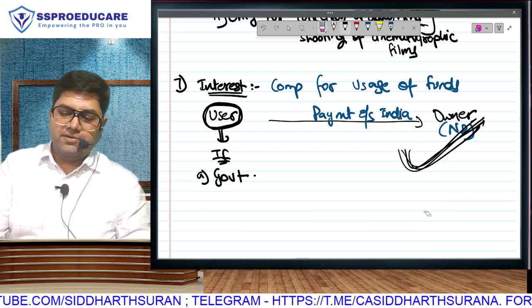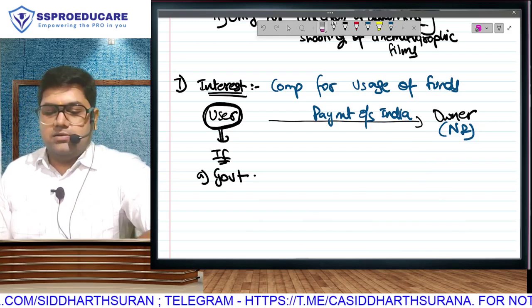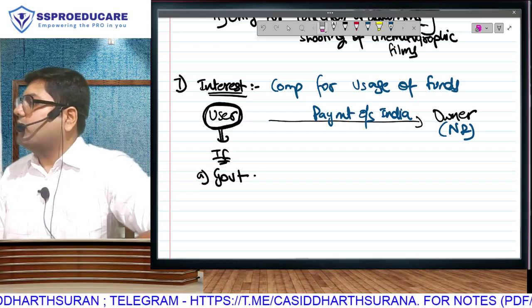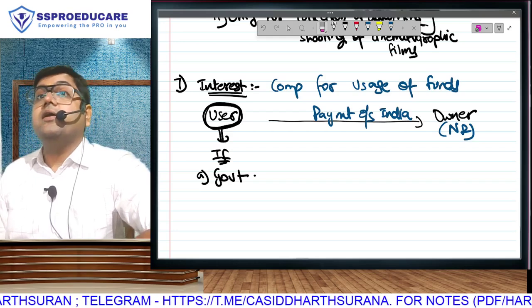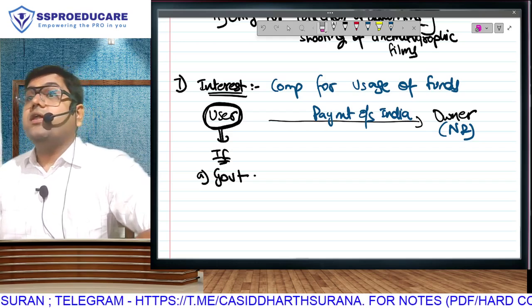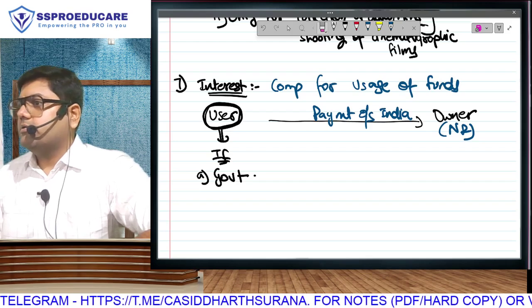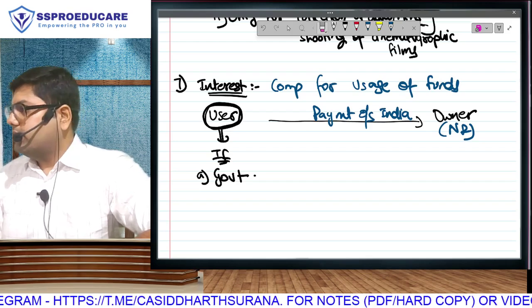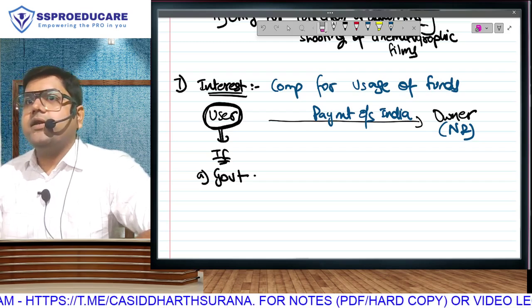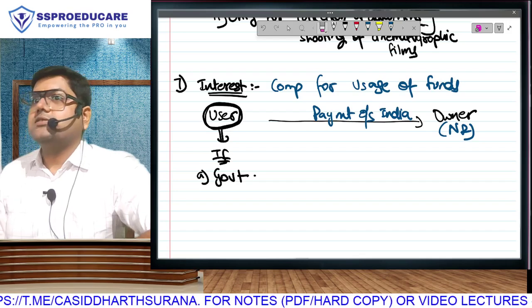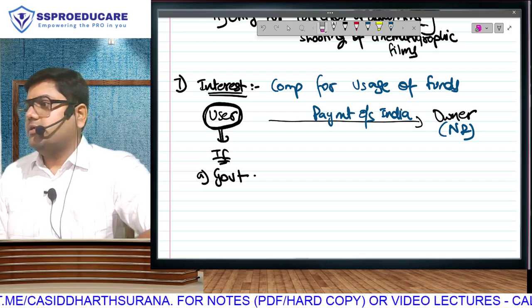In India, and therefore it will be considered as Indian income. So if the borrower is government, it will always be considered as Indian income. In short, whenever the government of India takes a loan from any non-resident, the government will pay interest. That interest will be considered as Indian income and taxable for that non-resident.